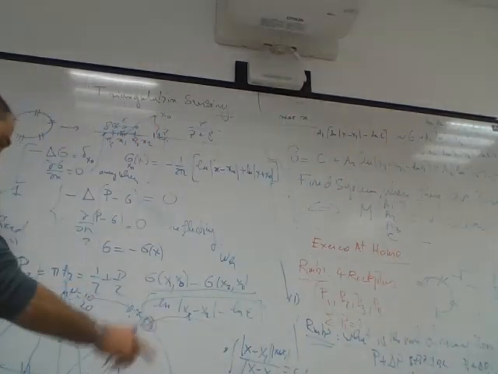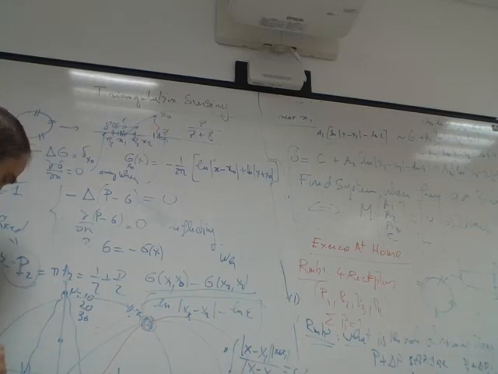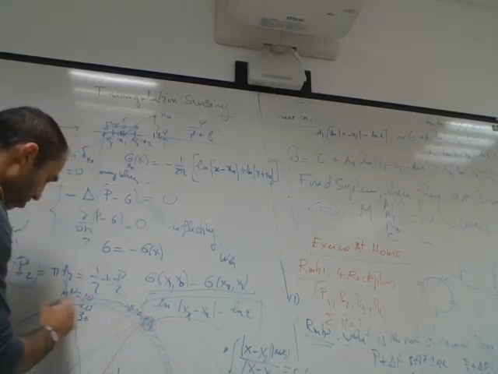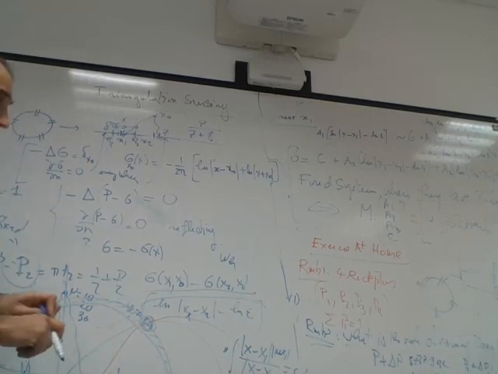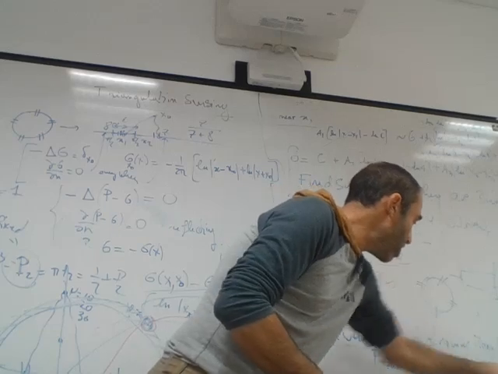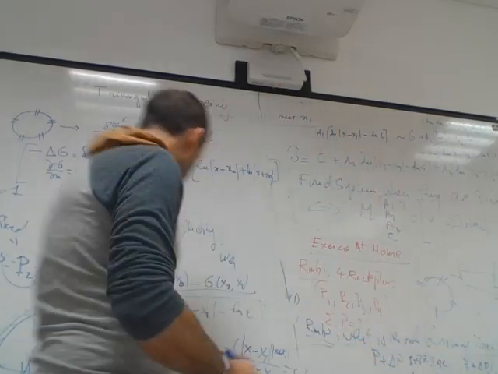So instead of having this, you get something like this. You get a circle with a thickness, and the thickness has to be calculated according to the standard deviation.